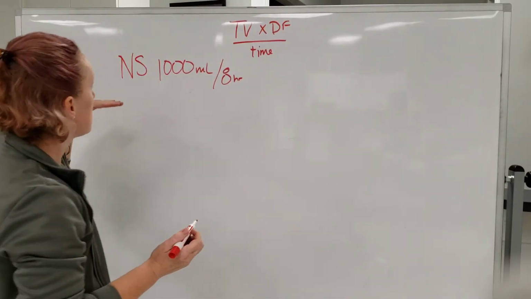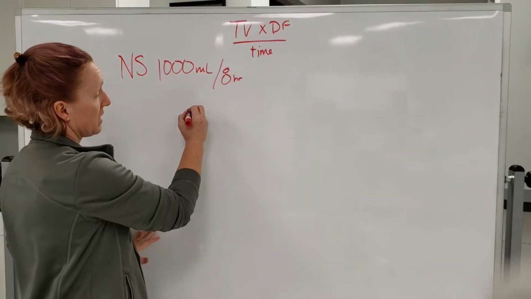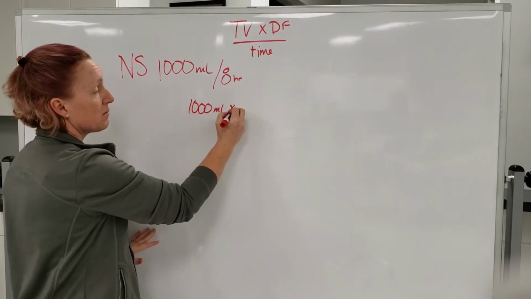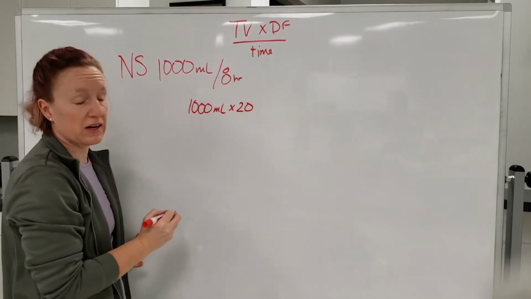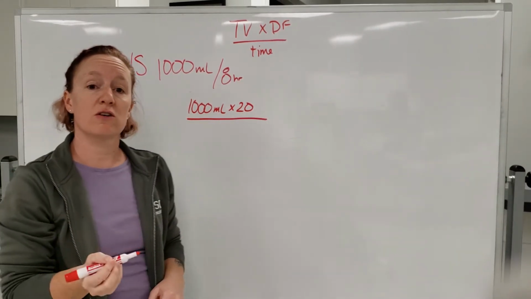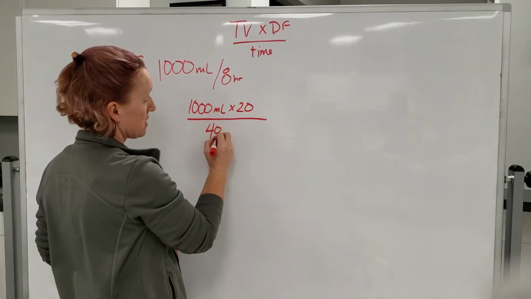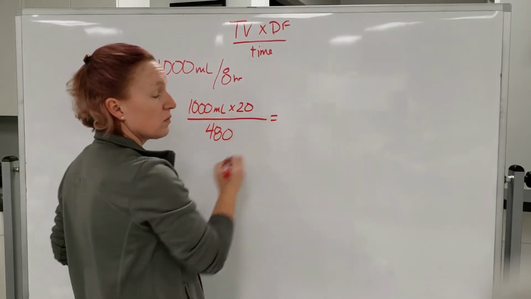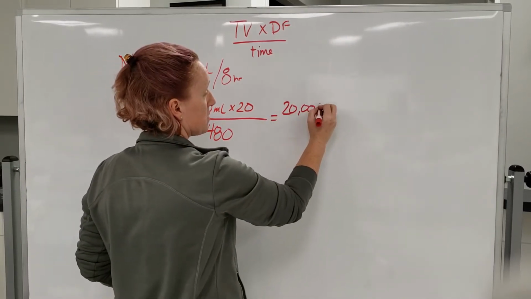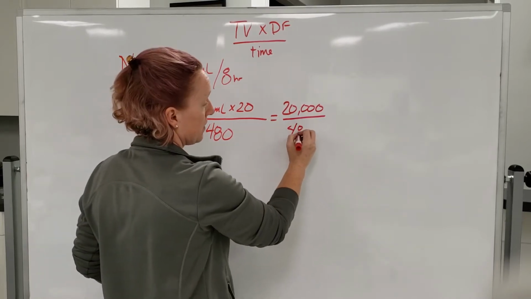So we've got 1,000 mLs that need to go in 8 hours. What we're going to do is take our total volume, which is 1,000 mLs, times 20, because that's our drip factor, and it's over 8 hours. So we need to convert that to minutes, and that ends up being 480 minutes, which then equals, big numbers, 20,000 over 480 still.